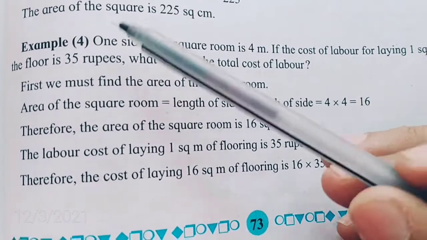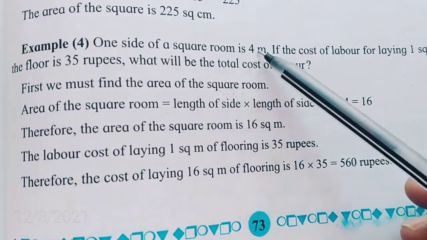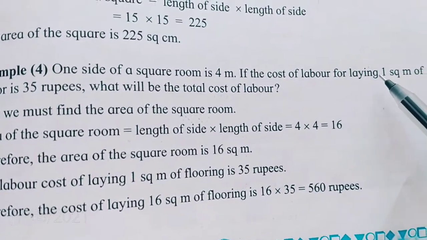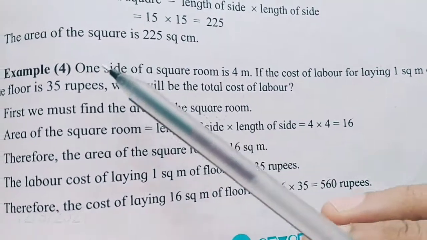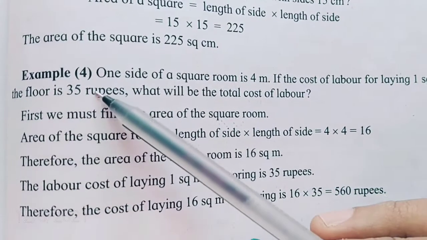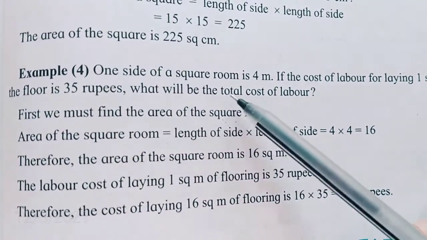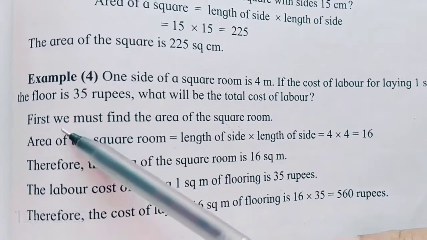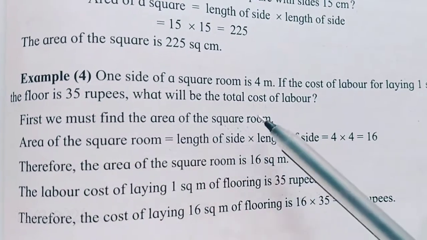Now the fourth example. One side of a square room is 4 meter. If the cost of labor for laying 1 square meter of the floor is 35 rupees, what will be the total cost of the labor? This is your question. So first we must find the area of the square room.